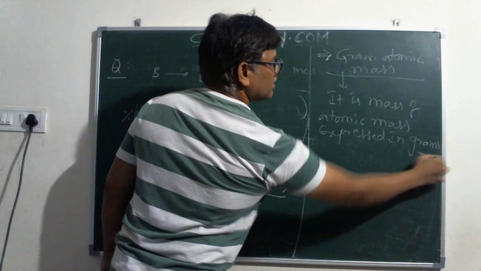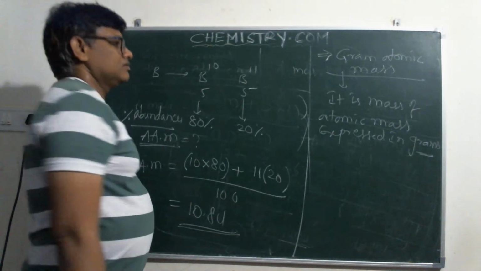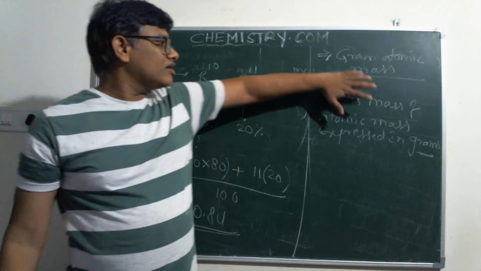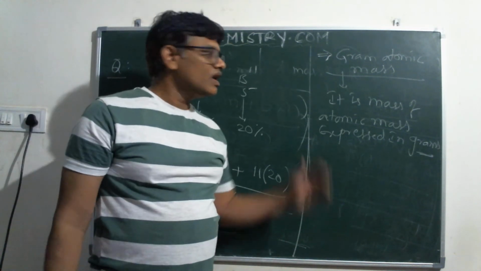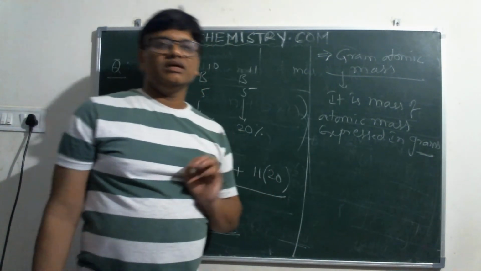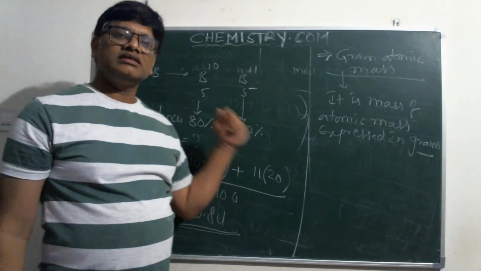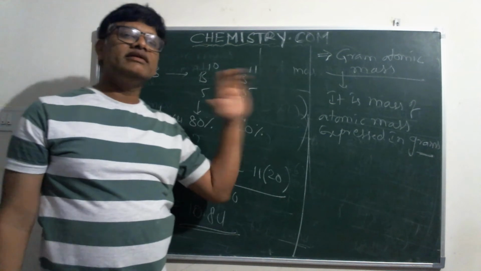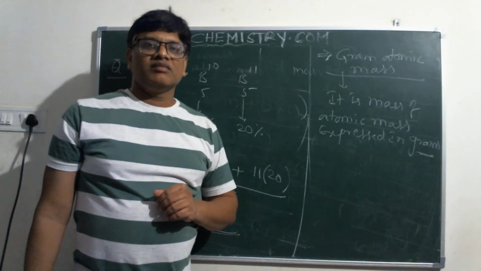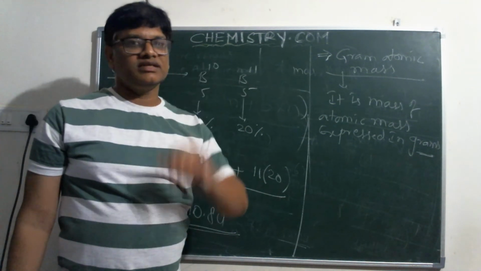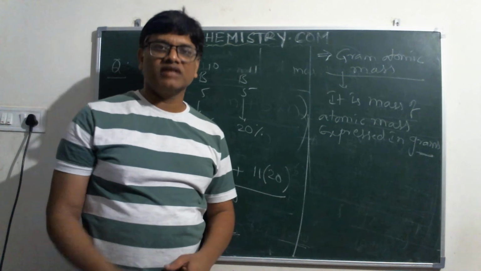It has to be called gram atomic mass. Here you should understand one thing: gram atomic mass and atomic mass are entirely different, but the value is the same, only the units are different. Let's prove how that works.